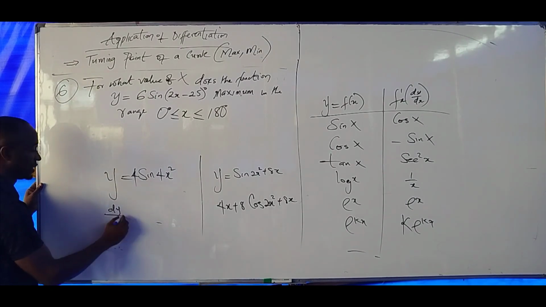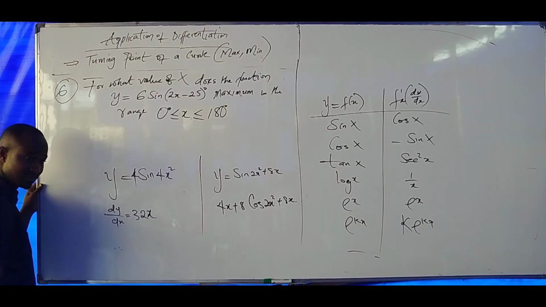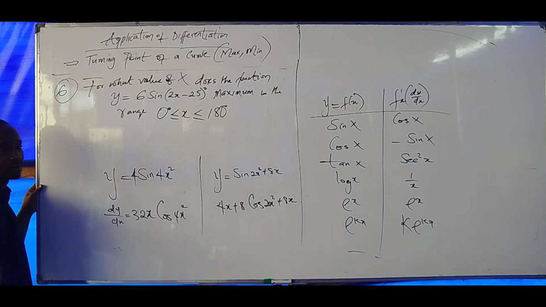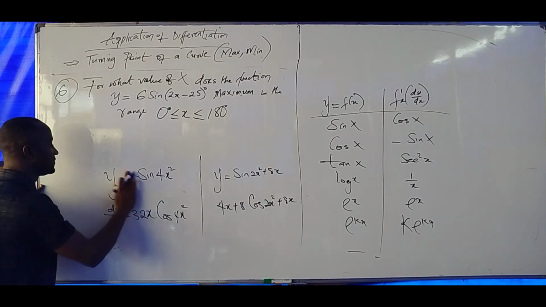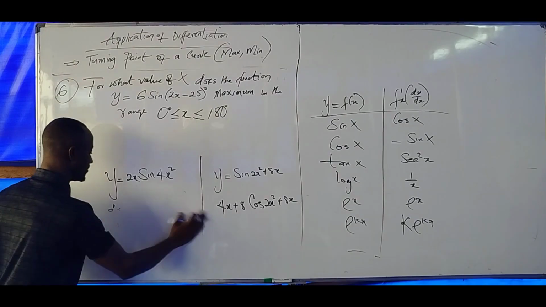So the dy/dx is 32x cos 4x squared, because we have a number here. Are you getting it now? What if we have y equals, let's say, 2x here? What would this be?